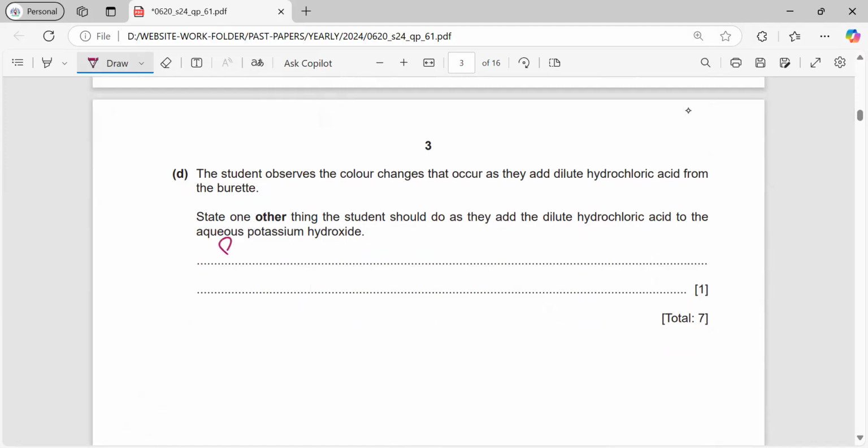So a student should swirl the flask. Students should swirl the flask to make sure that all the contents are mixed. All the contents and all the reactants, hydrochloric acid and potassium hydroxide, are mixed with each other.